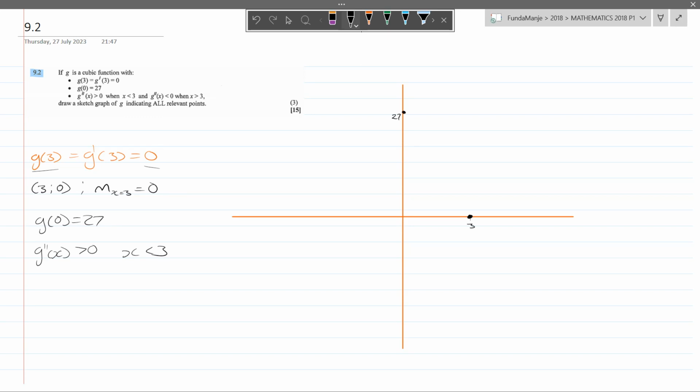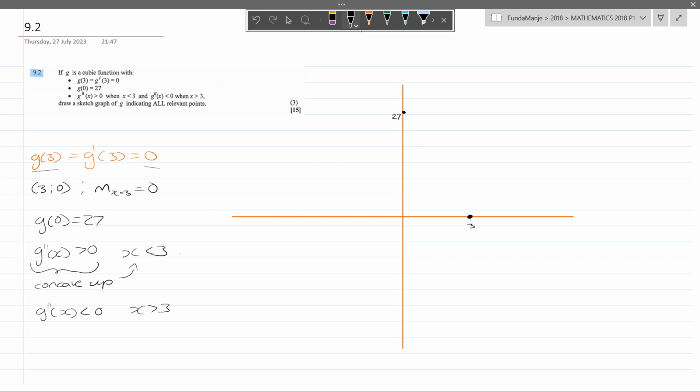Basically what this means is that this is concave up when x is smaller than 3, and concave down, which is the second part. They tell us that this is concave down when x is greater than 3. So this basically tells us what kind of a function, or the direction in which our lines should be facing.